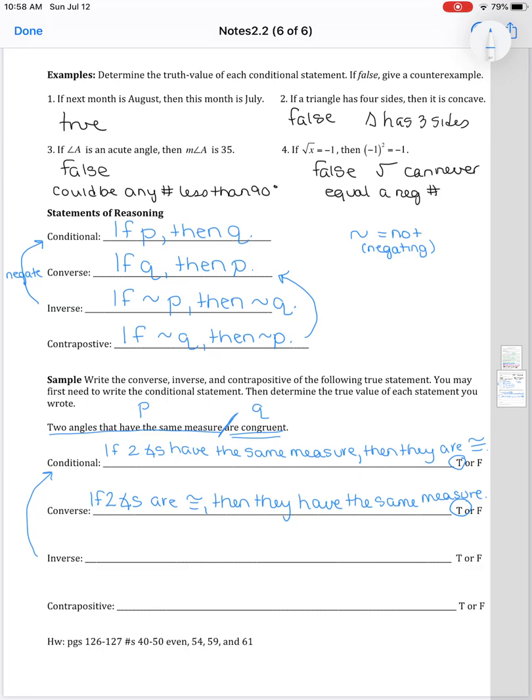Now, the inverse, remember, relates to the conditional and it negates it. So if the conditional was if two angles have the same measure, then they're congruent, we've got to negate both parts. So we're going to rewrite it, but we're going to add an extra word in there. So if two angles, instead of have, we're going to write do not have the same measure.